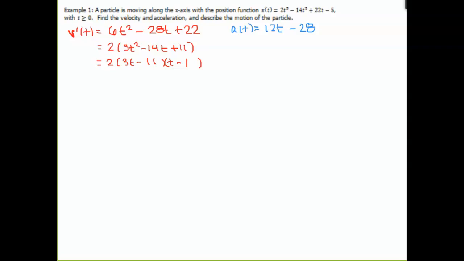So I have 2 critical points on velocity: the times when it is 1/3 and at t equals 1. So these are the points at which the velocity is 0, or the particle is at rest. So these are potential changes in direction. These are my critical points.